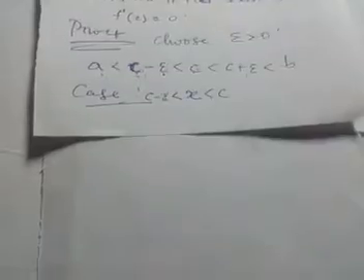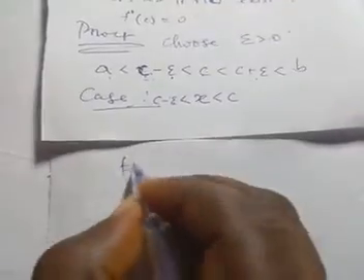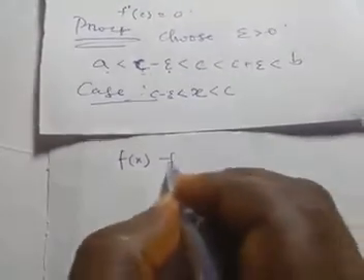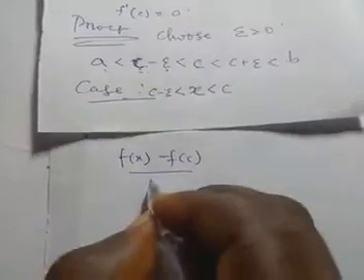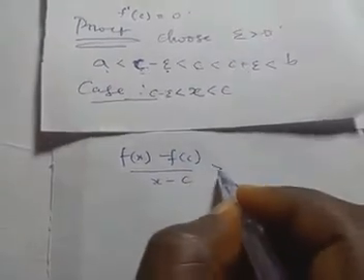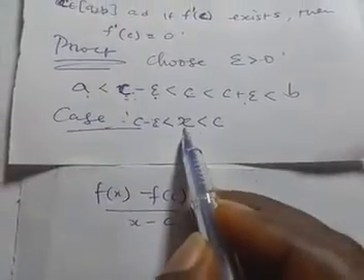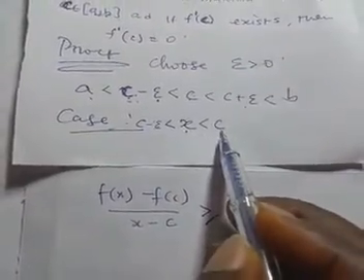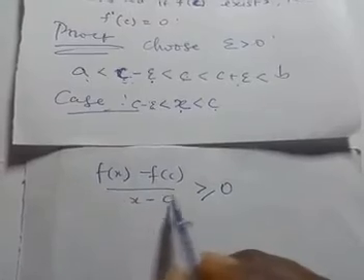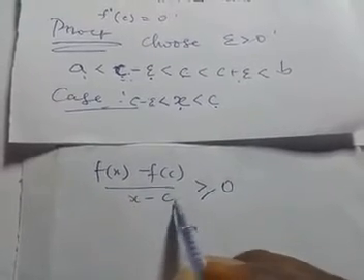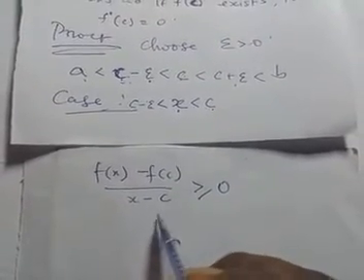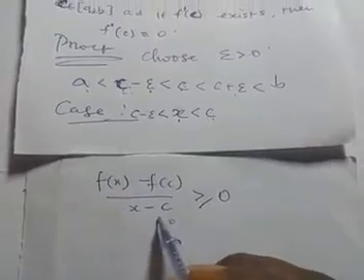So if you have such a case, you will all agree with me that f of s minus f of c over s minus c must be greater than or equal to 0, if s is less than c. Now if s is less than c, we surely know that s minus c will be less than 0. Let's keep that. This will be negative.